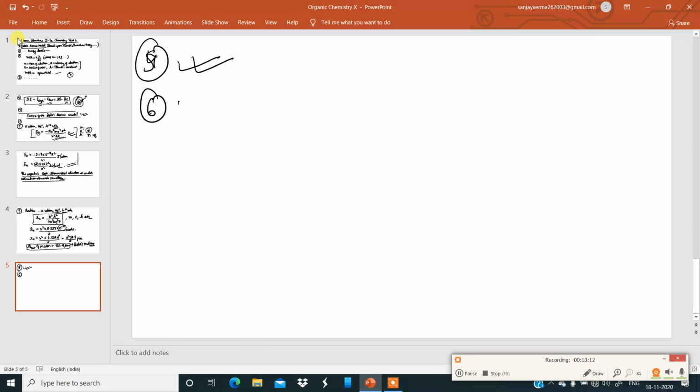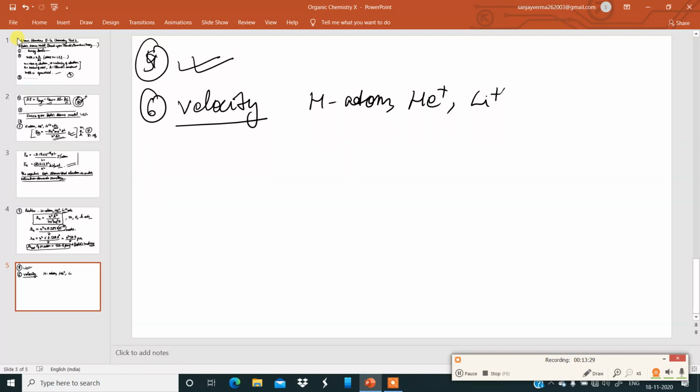The velocity now, very important. Electrons are never stationary. So the velocity of electron can be calculated for hydrogen atoms, or hydrogen like atoms, if I talk about helium ion or lithium ion, by using the formula. Again, there is one more formula.